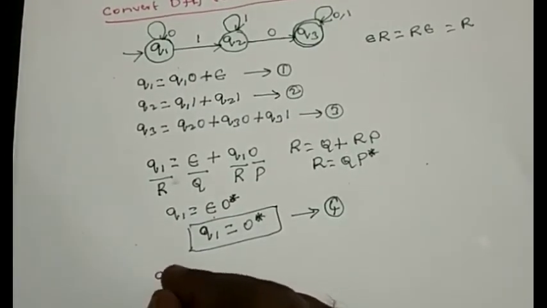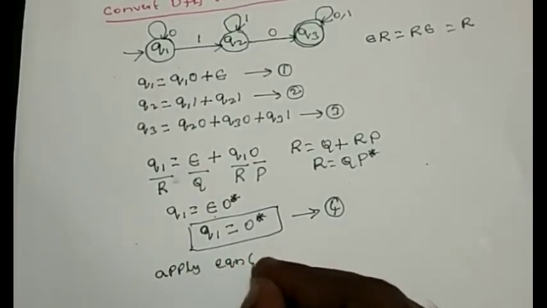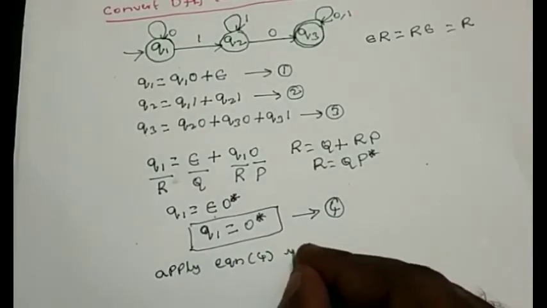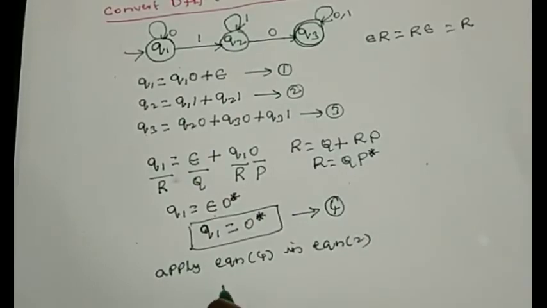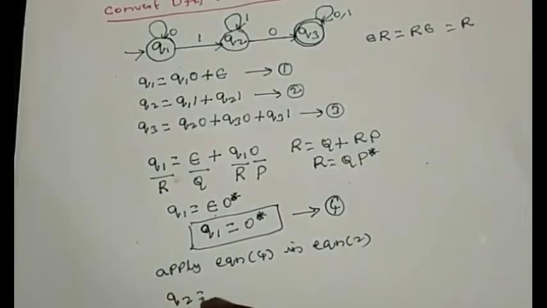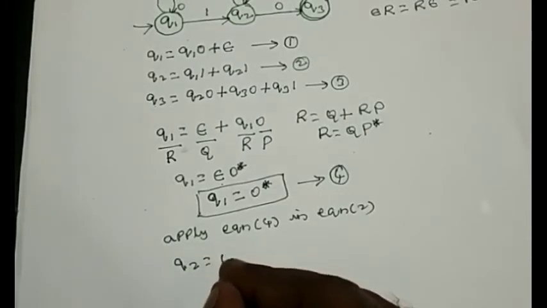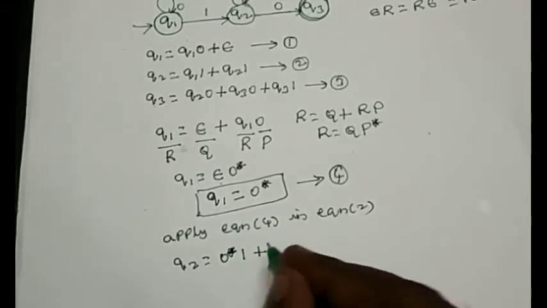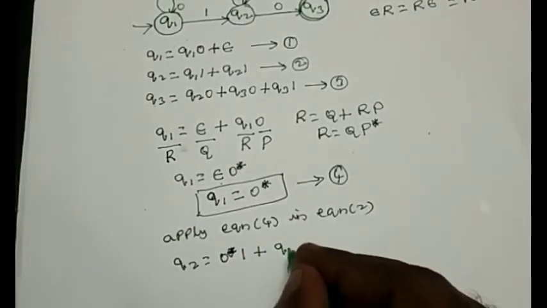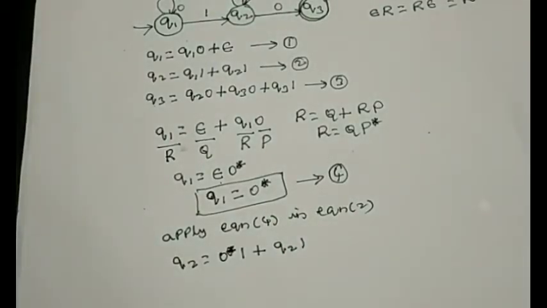Here you get Q2 is equal to Q1, and Q1 I am going to substitute with 0 star, and you already have 1 over there, plus Q2. So this is the resultant output when you apply 4 on equation number 2.